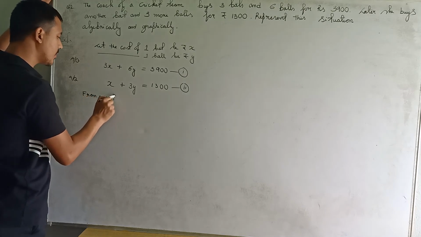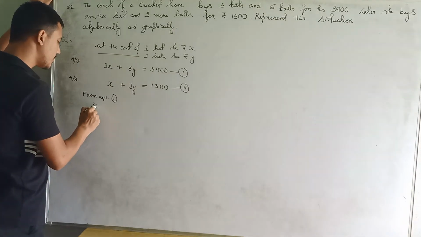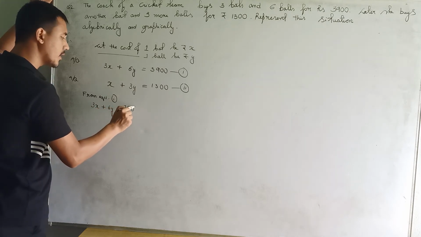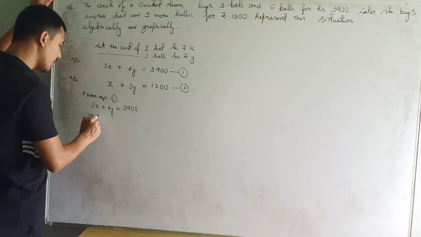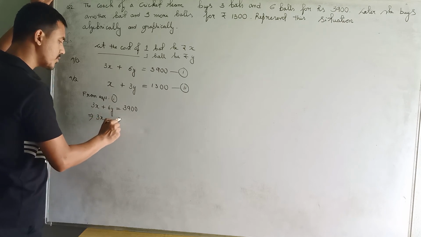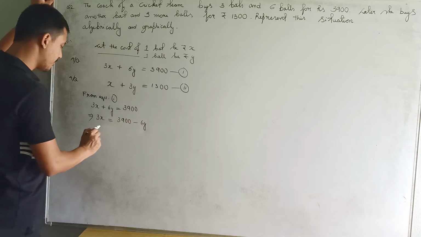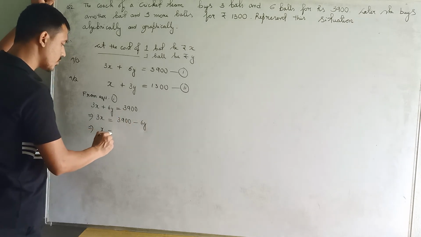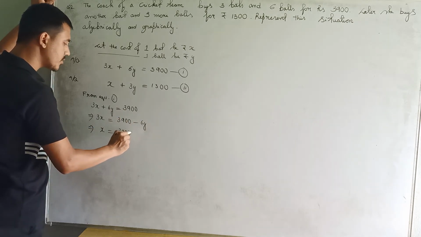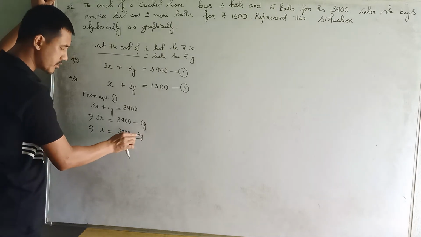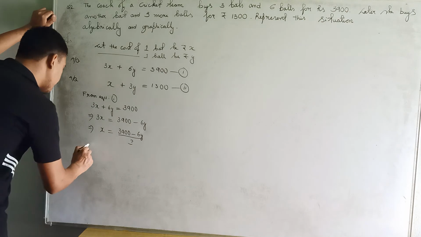From equation 1, what is the equation 1? 3x plus 6y is 3,900. 3x is equal to 3,900 minus 6y. x will be 3,900 minus 6y upon 3, taking 3 common and dividing by 3.